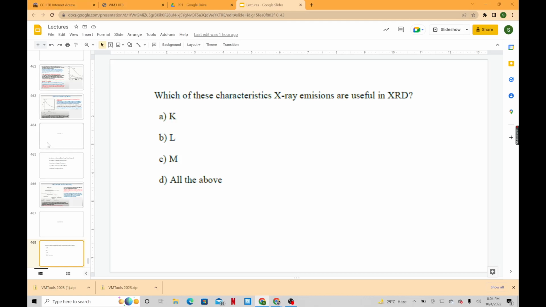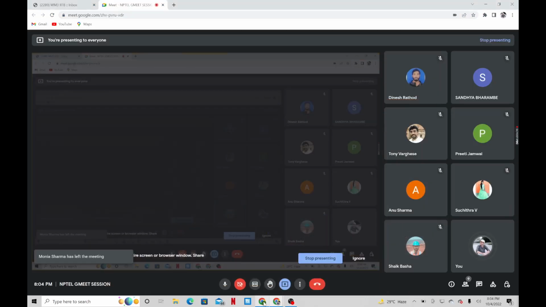It is not talking about the energy. Energy can be conserved if it is elastic, but how can you conserve the intensity?